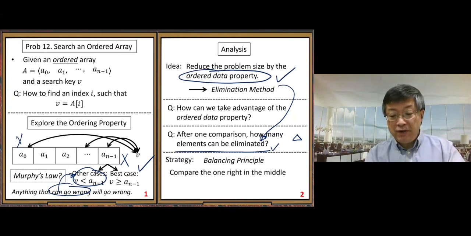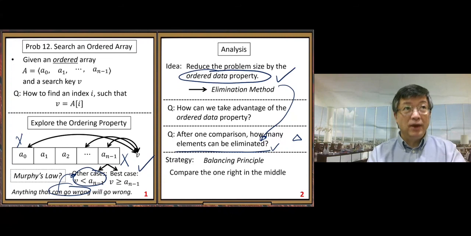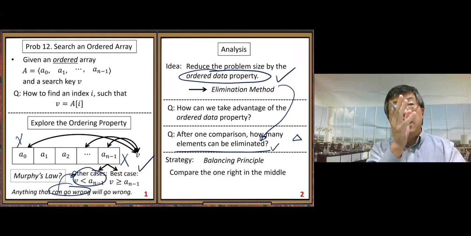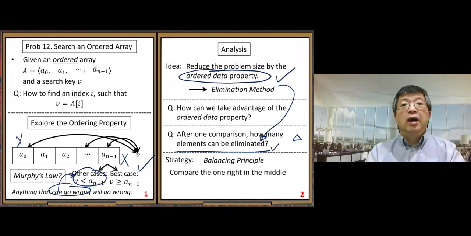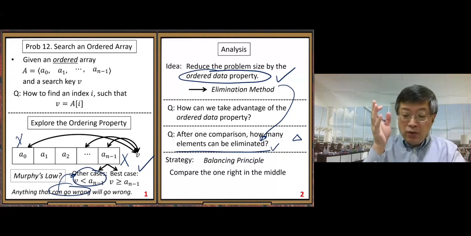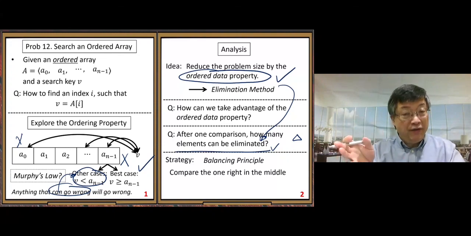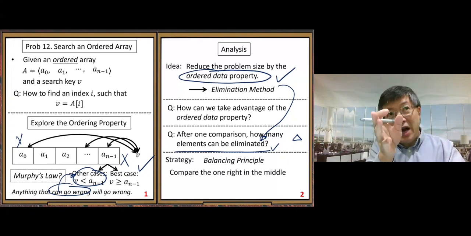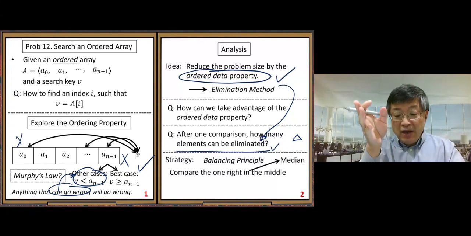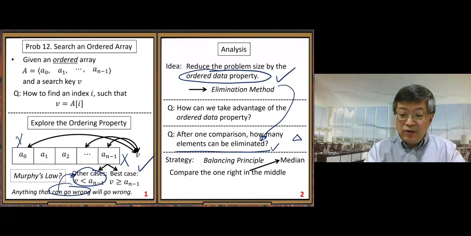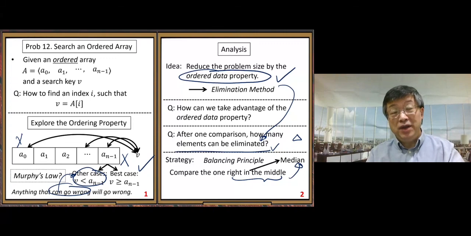Let me give you the meaning of this balancing thing. Balancing understanding. Compare the one right in the middle of the array. Because if you do this kind of decision, here we call it the median of the array. Okay, median of the array.